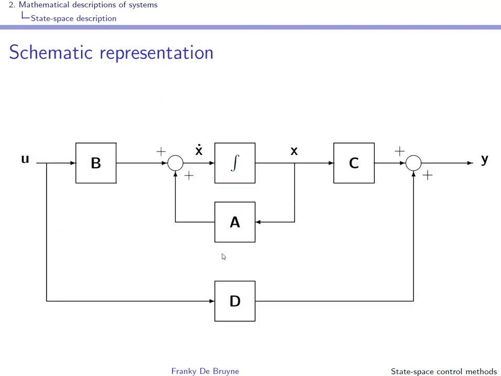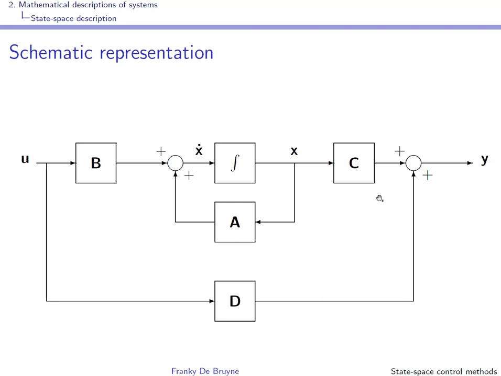Well, the state space description can be represented as follows. Remember that the state equation is x dot equals Ax, coming from here, plus Bu, and you go from x dot to x through integration, right?